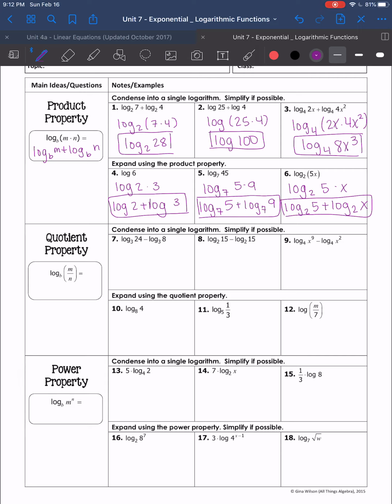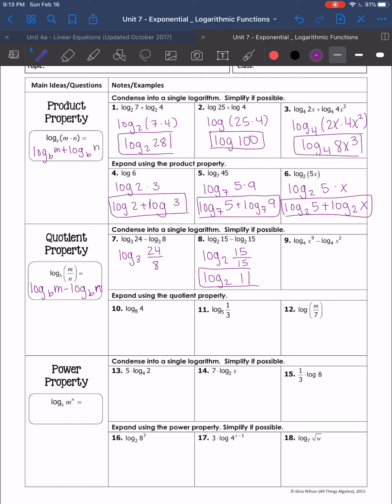And if we want the quotient property, if you're dividing with the same base, you can do log base b of m minus log base b of n. So if I want to condense these into a single logarithm, I have log base 3 of 24 over 8, and then log base 2 of 15 over 15, which is log base 2 of 1.